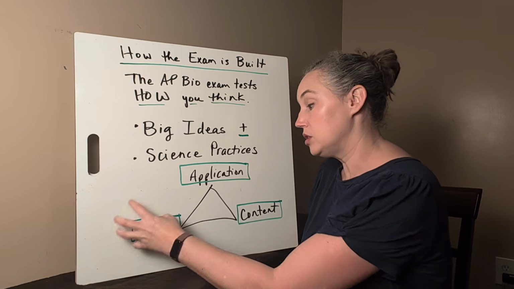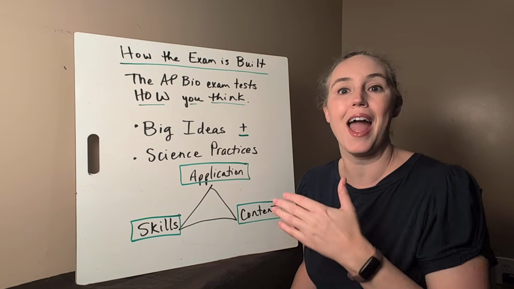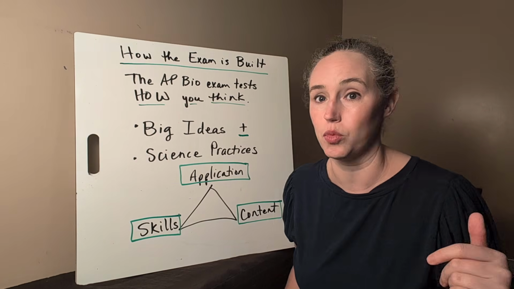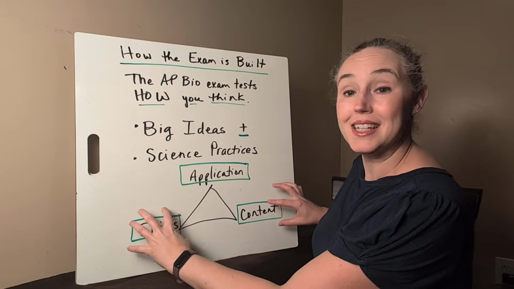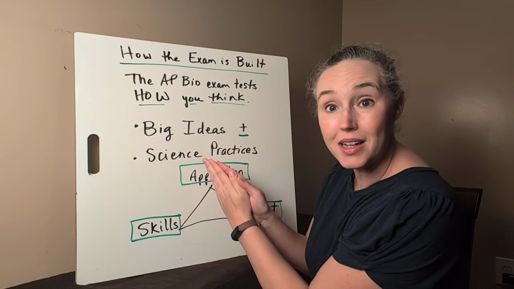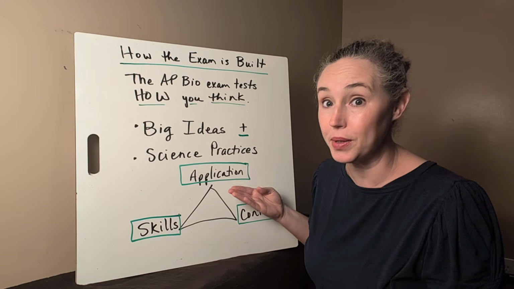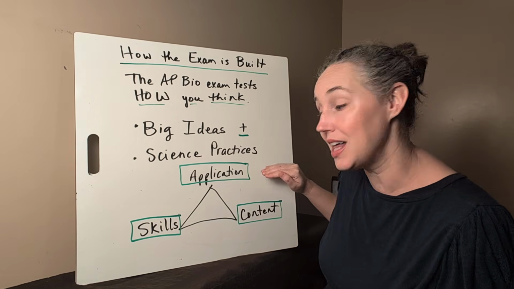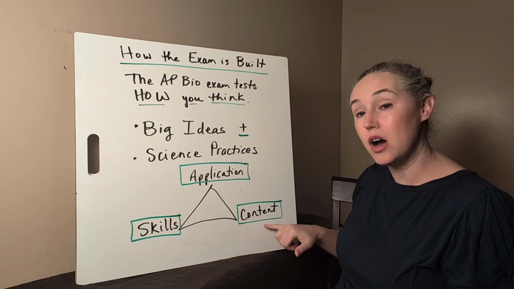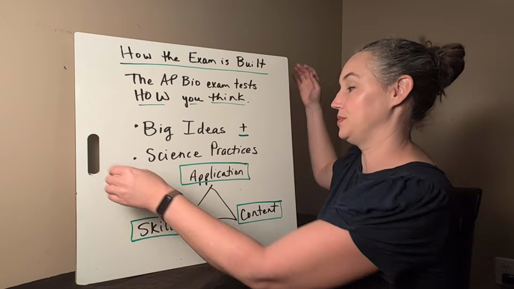So we have our skills and then our content. This is like our factual information, like how does cellular respiration work and all those processes that you learned. It takes those and combines them and asks you 60 multiple choice application questions and 6 FRQs that ask you to apply what you know with the skills that you've built.